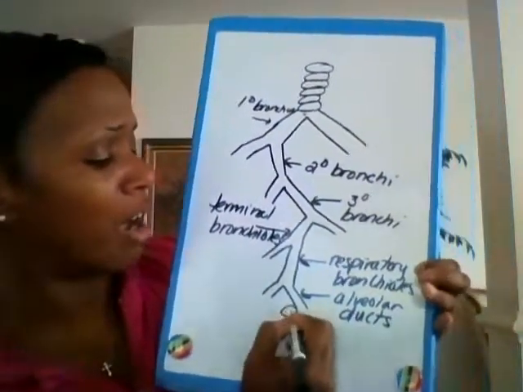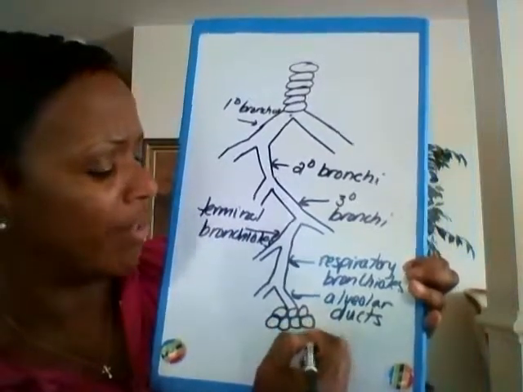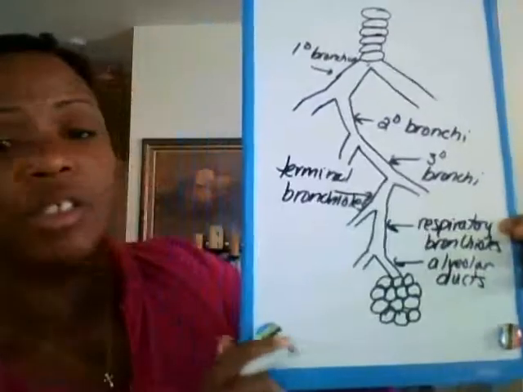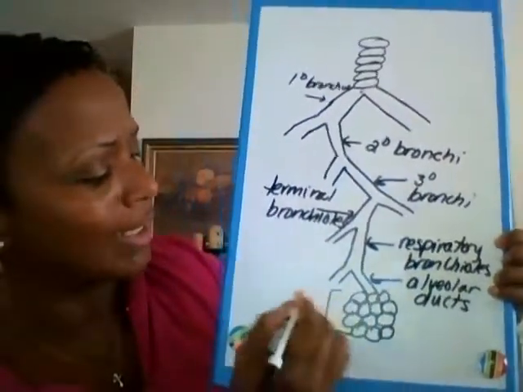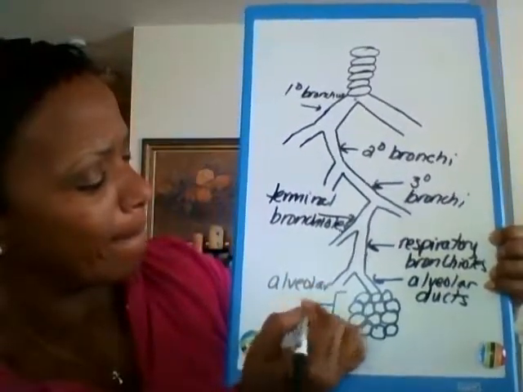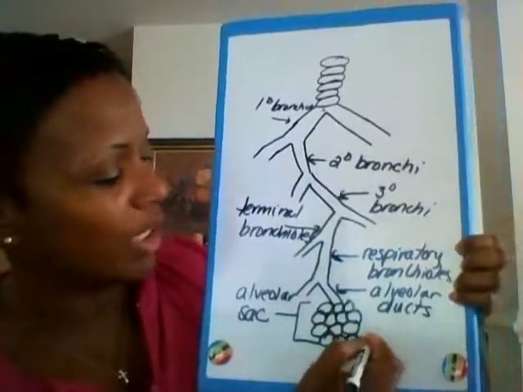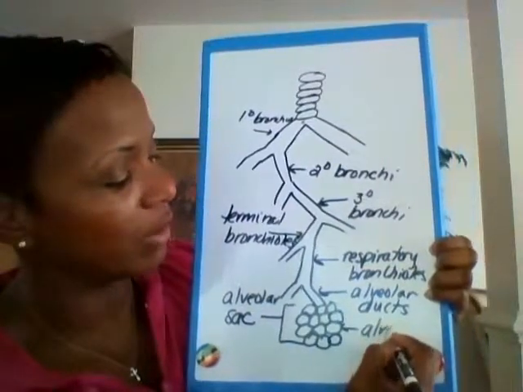At the end of these respiratory ducts, these alveolar ducts, we have what looks like clusters of grapes. This is called an alveolar sac. And each one of these little grapes, so to speak, is called an alveolus.